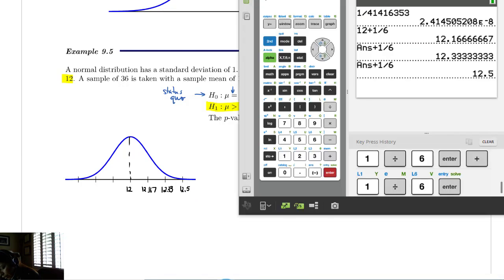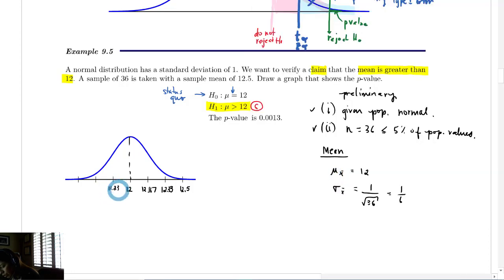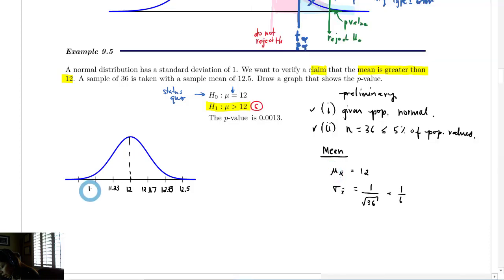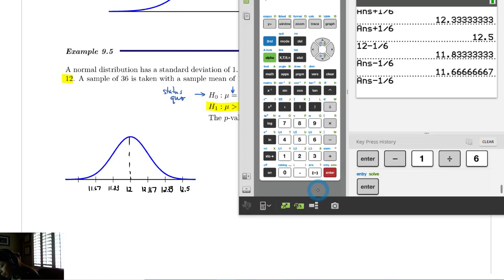And if we did 12 minus 1/6, that'll give us 11.83, and one more, 11.67, and then one more, 11.5.